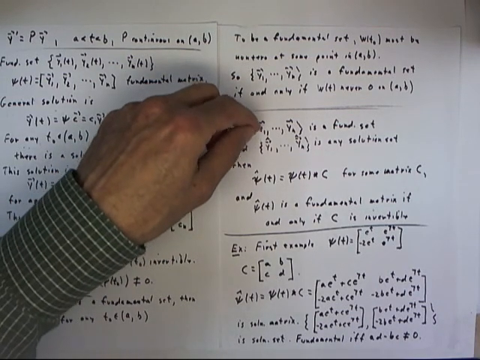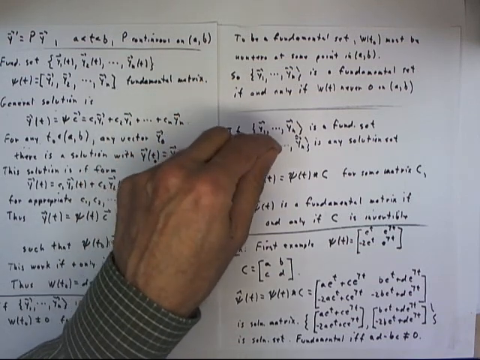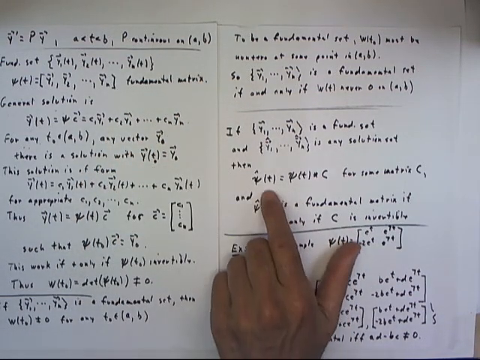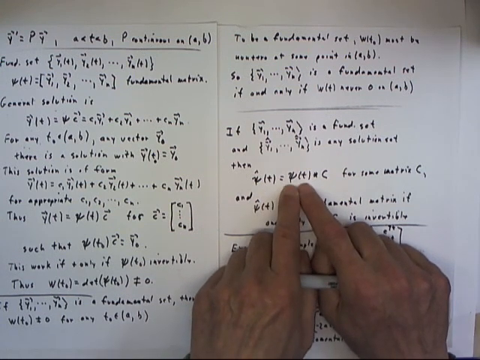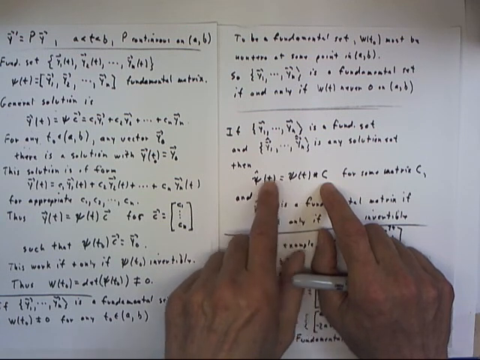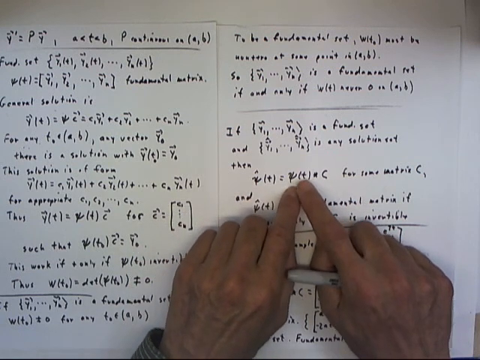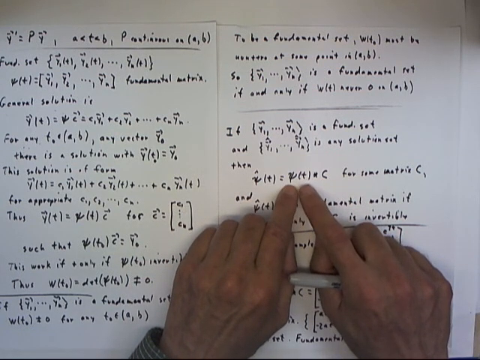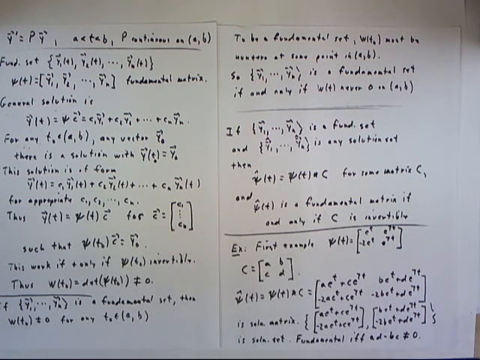In any case then, given a fundamental set of y's and a solution set of y hats, if we form the psi and psi hat matrix, they are connected in the sense that if we take our fundamental matrix and multiply it by some matrix C, we're going to get the psi hat. That is, there exists a matrix C such that the psi matrix can be multiplied on the right by the C matrix to give us the psi hat matrix.